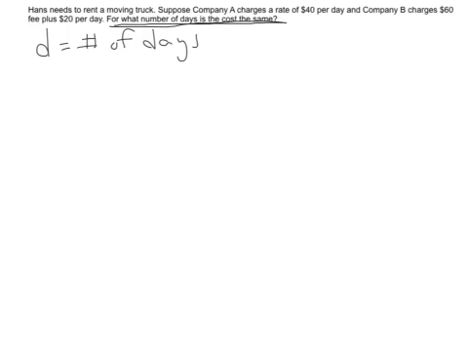So the first sentence, Hans needs to rent a moving truck. The second sentence, suppose Company A charges a rate of $40 per day. So Company A is going to charge $40 for each day that you rent that truck, whether it's 1 day, 2 days, 10 days. So $40 times D, the number of days. And Company B, we'll do this one in the red.